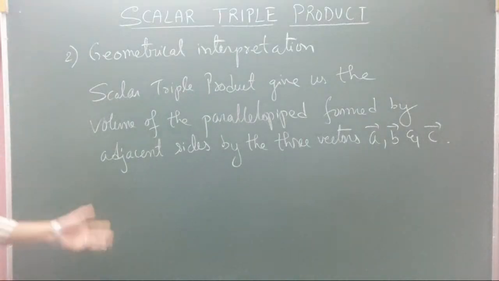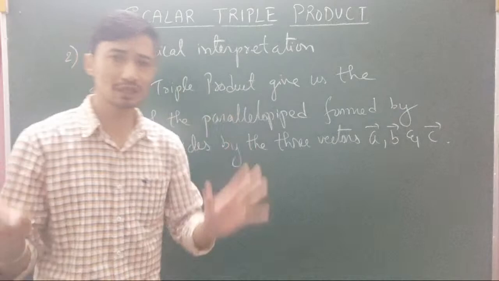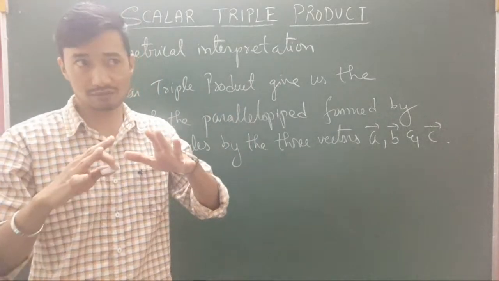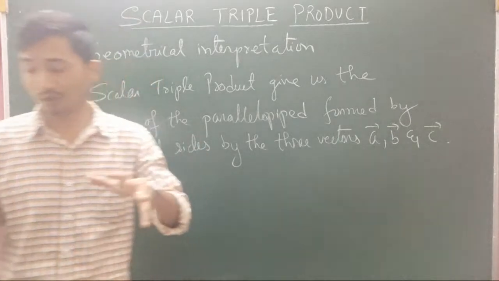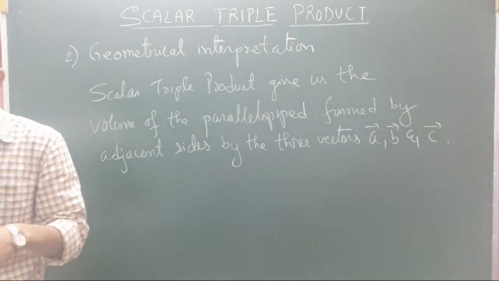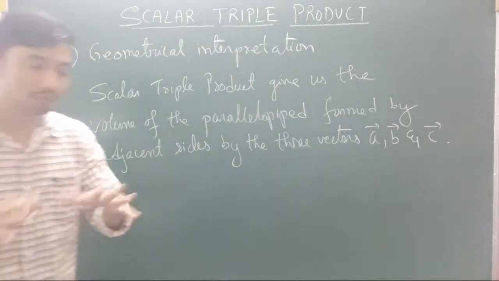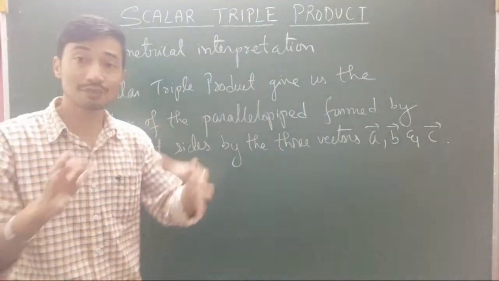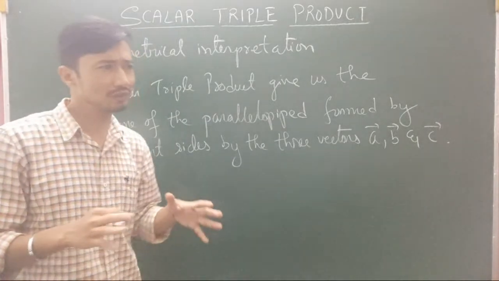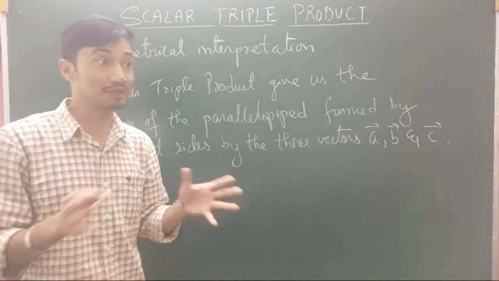Parallelepiped means something like a three-dimensional parallelogram. A parallelepiped is made by six parallel planes. You can call it a three-dimensional parallelogram.